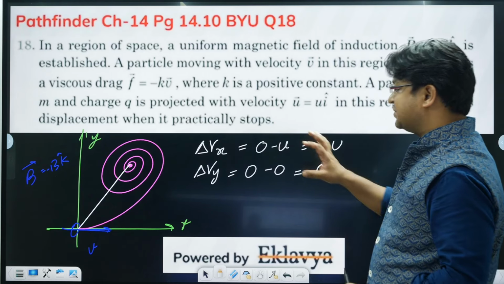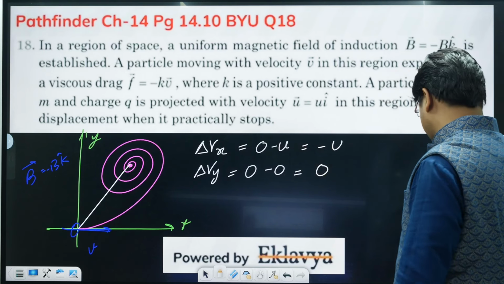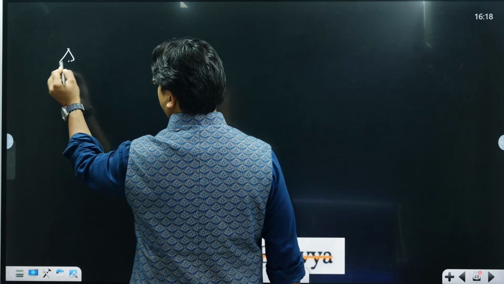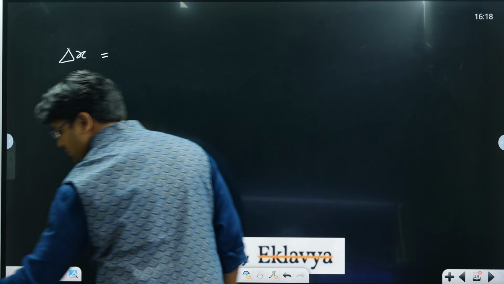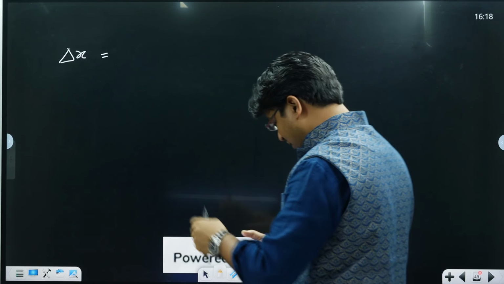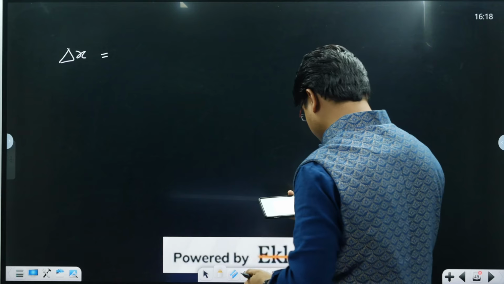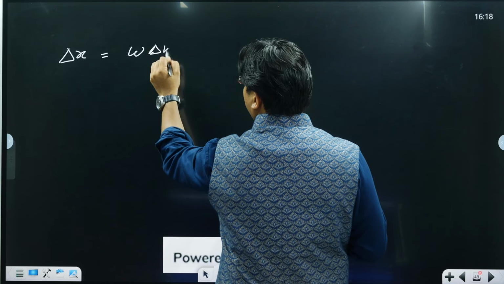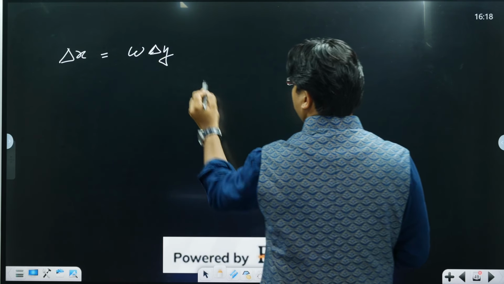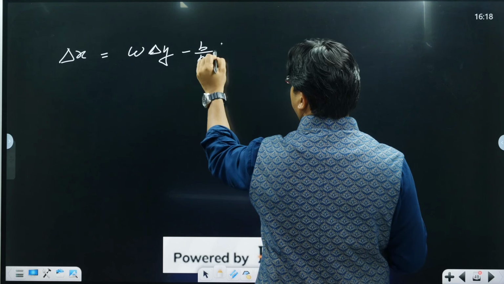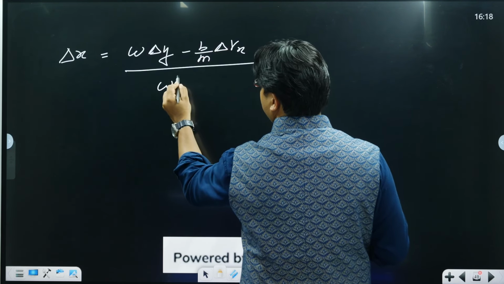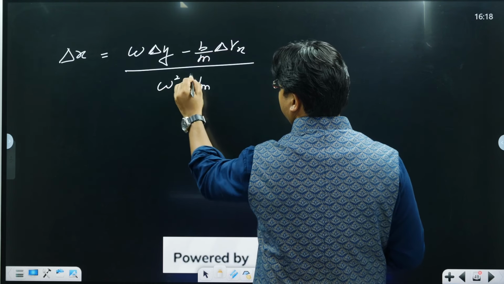Now, if you substitute these values in the expression for delta x, what was our delta x? Instead of going back on the slide, I have written it here. So delta x was omega delta vy minus b by m delta vx, divided by omega square plus b by m square.